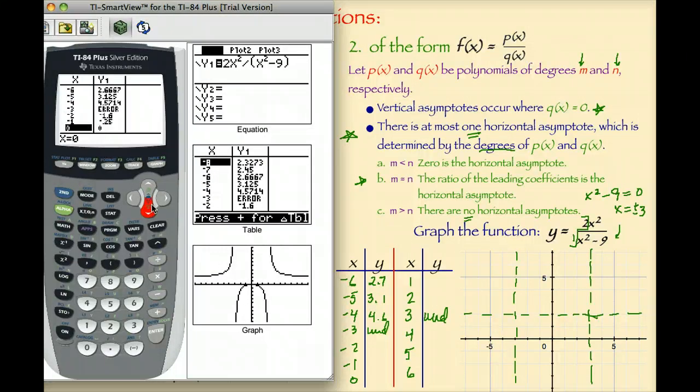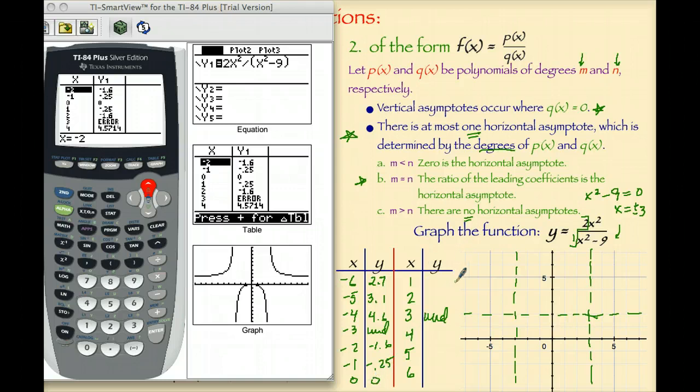Now let's look at the numbers between negative 2 and negative 3. Oops, I went too far. Going back to negative 2, I'm going to have negative 1.6. For negative 1, negative 0.25. 0 gives me 0. 1 gives me negative 0.25 again. 2 is negative 1.6, and then on the other side of the asymptote I have 4.6 again.